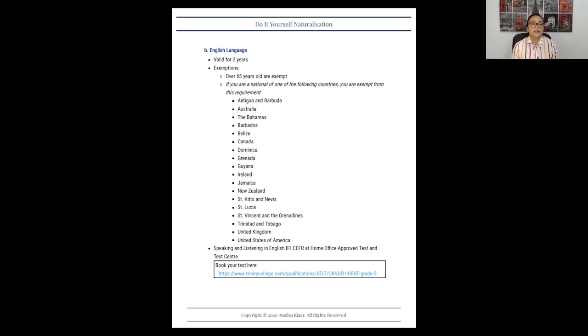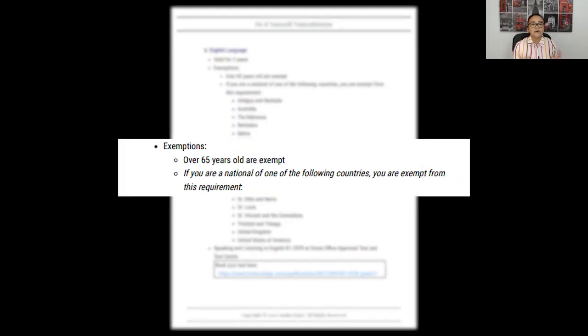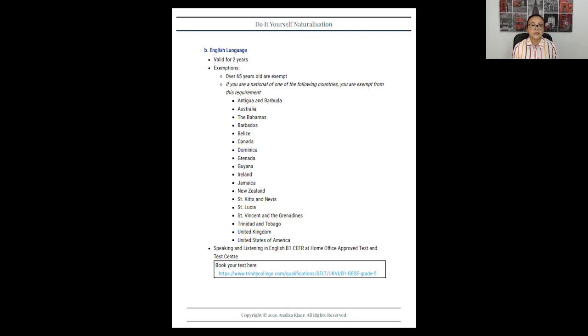So what do we mean by English language test? Well, for the English language test, there are exemptions. Okay, so first we do the exemptions. If you are over 65 years old, then you are exempt. And if you are a national of one of the following countries, and these are the English-speaking countries, you are also going to be exempt, and you will need proof that you are a national from that country.